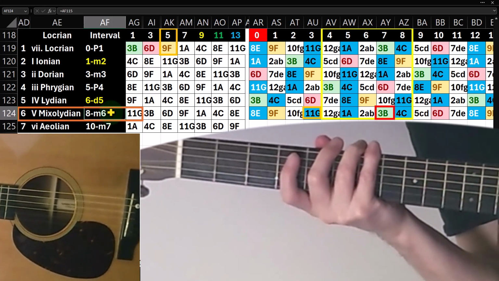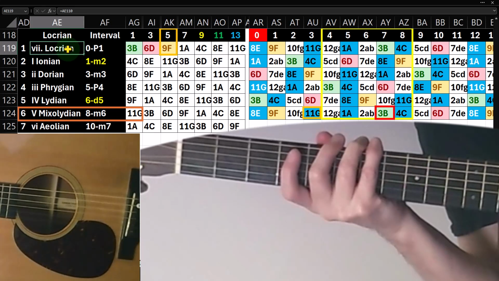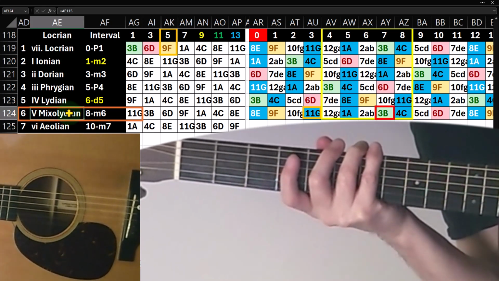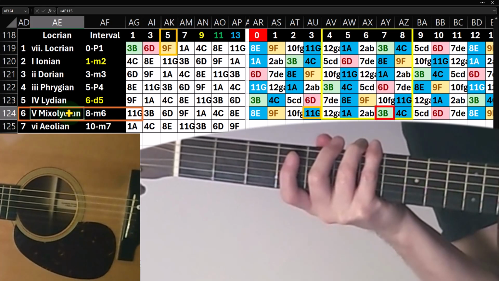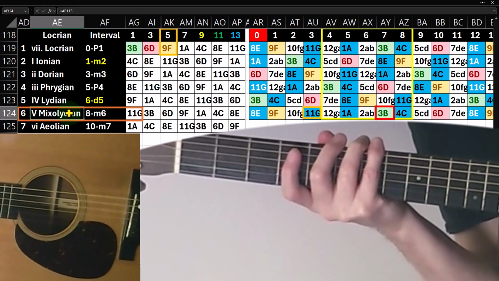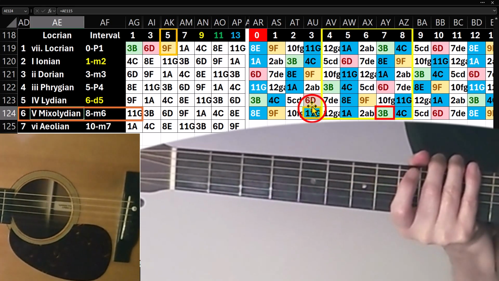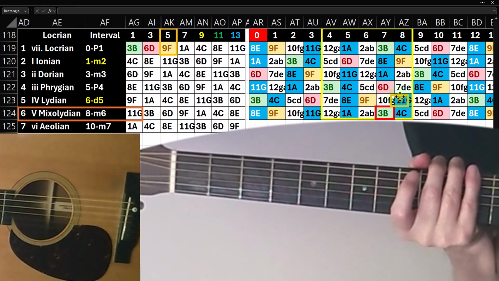Or from the modal perspective, I'm going from absolute mode number 7, Locrian, to absolute mode number 5, Mixolydian, which has a distance of, once again, the 8 note away minor 6. Okay, hopefully I got that right. That's my new way of thinking. I'm going to try to nail that into my mind.